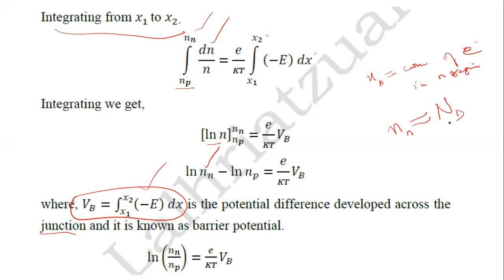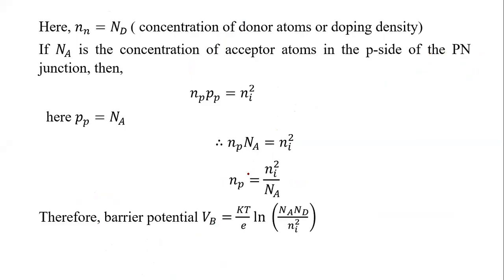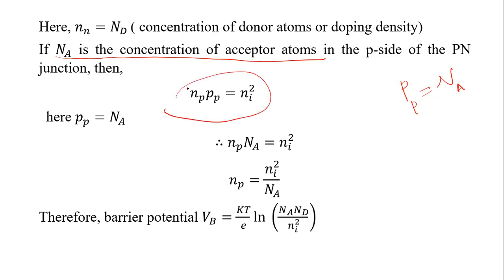Now Np is the concentration of free electrons on the p side of the junction. If Na is the concentration of acceptor atoms, then Pp is equal to Na. If you revise our discussion from two or three lectures ago, we talked about this.